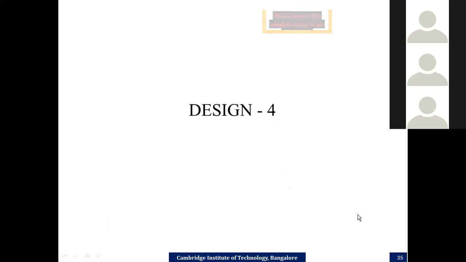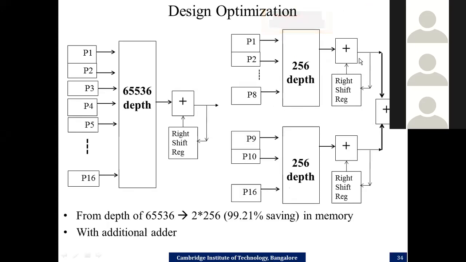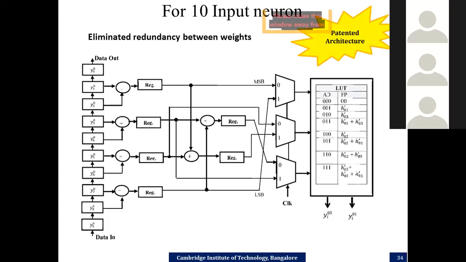In the earlier case, we had one LUT to compute only one output, but by eliminating the redundancy between the weights, two neuron outputs are computed simultaneously.